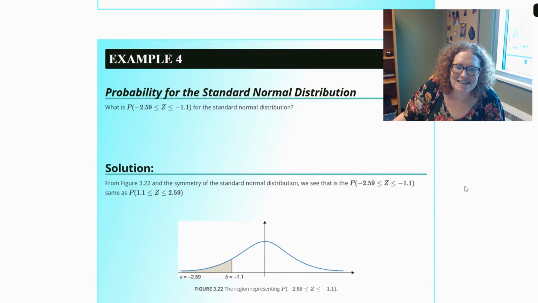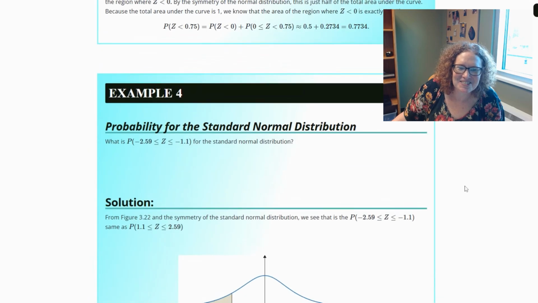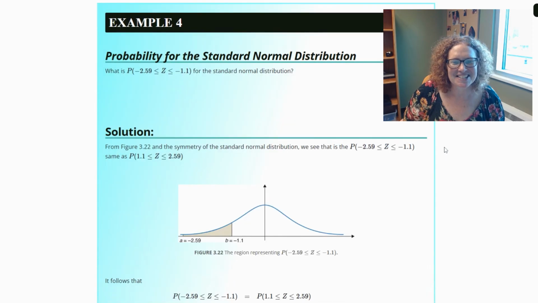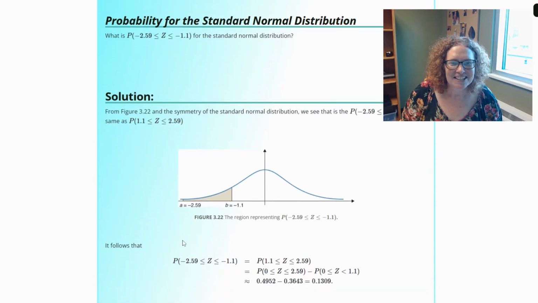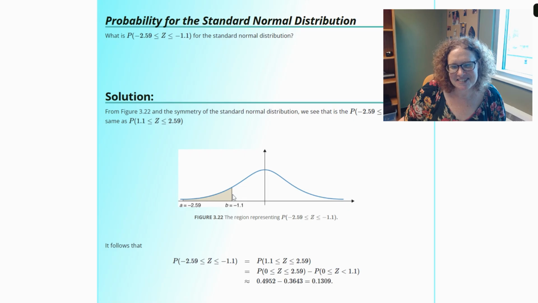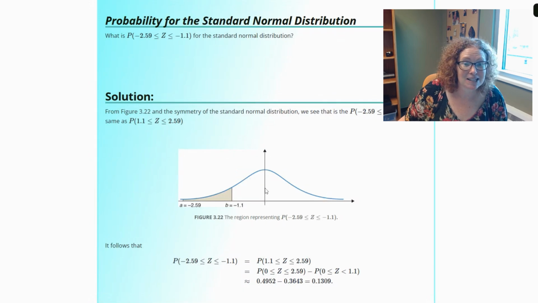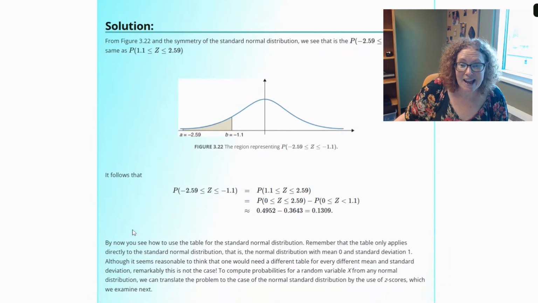So then we have another one. We're just getting the different types in different areas of your graph. In this one, we've got this little section right here to the left, and we're looking at negative numbers, right? Because the numbers to the left side of the mean are going to be negative.